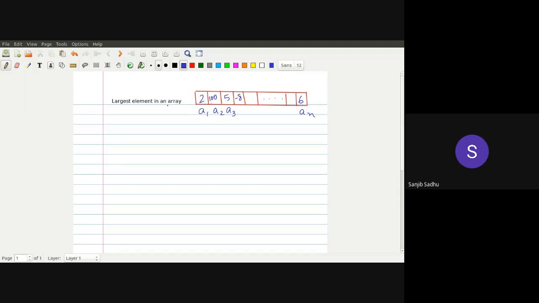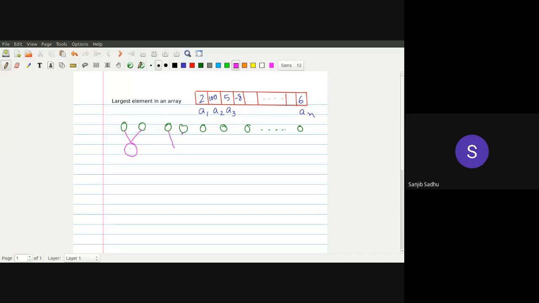Okay, let us try. Suppose you are thinking that it may be like this. Say these are the elements a1, a2, a3, in this way. Now what will you do? Your friend will compare these two elements, and whichever is larger will be put here.